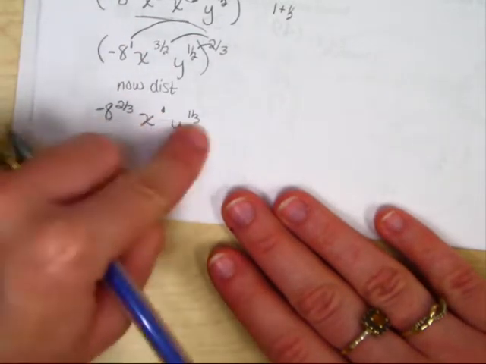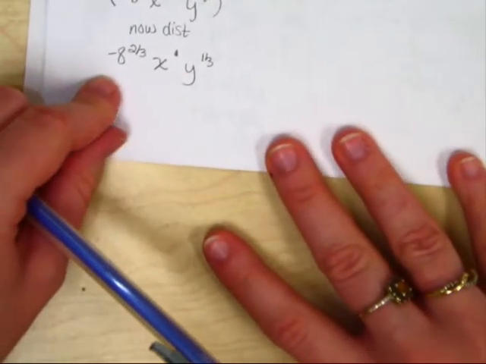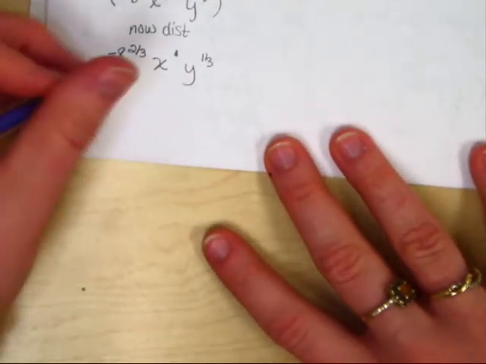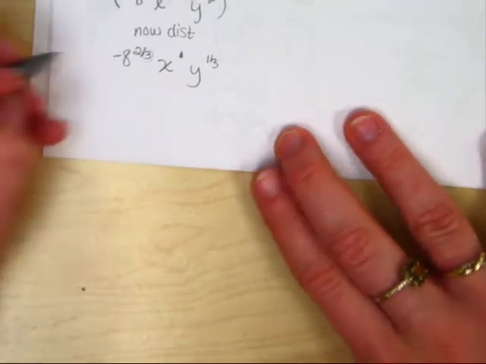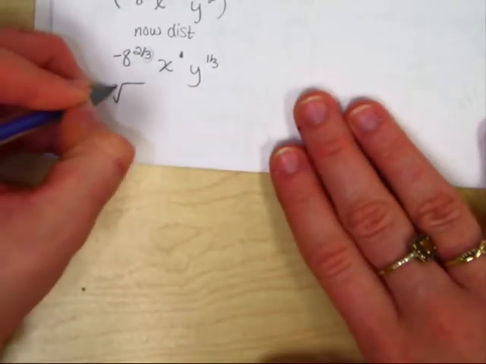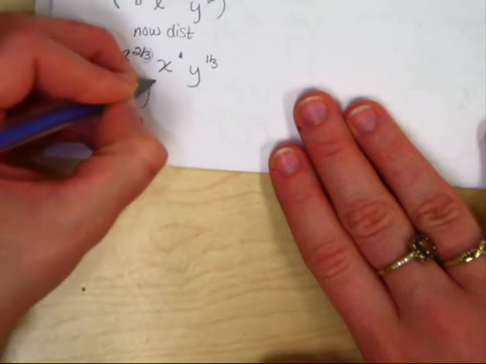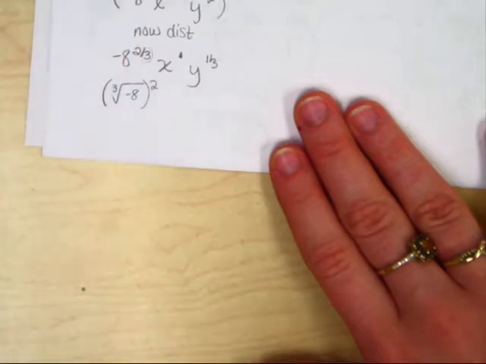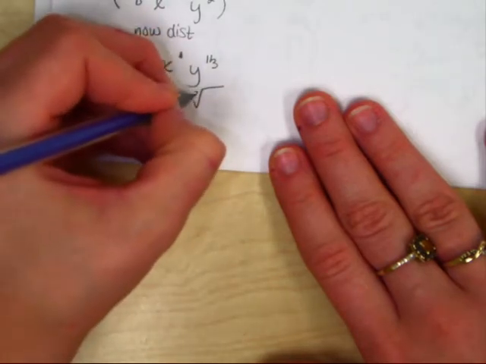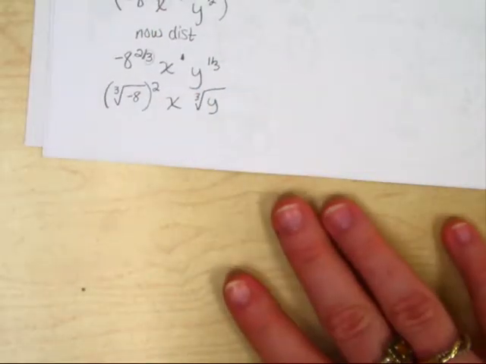Now this is not in simplest form. What we need to do next is remember that this is the cube root of negative 8 squared. This is just an x, and this is the cube root of y.